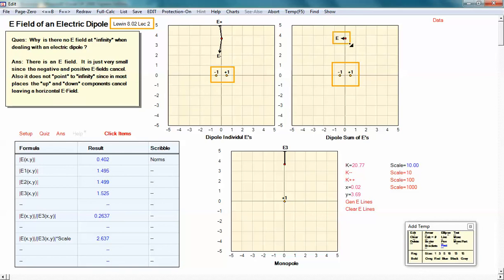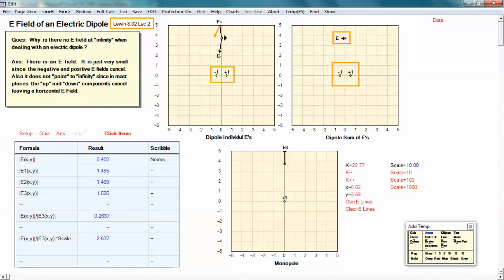The first thing to note about the summed E field is that it's a lot smaller and it points in a different direction. It's pretty clear why it's smaller. Adding vectors amounts to, let's say, adding the E minus to the E plus. If you wanted to do that in your mind, you'd start here, add the E plus first, and then go up here and add the E minus vector to the tip of that, and that would bring you back down here.